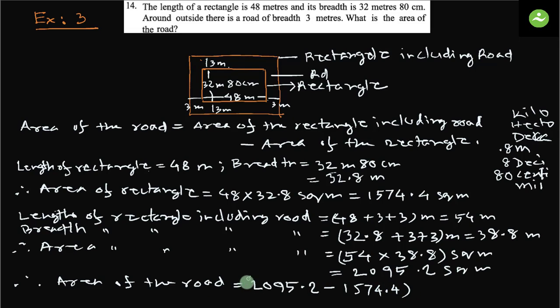The unit should be square meter. How much do we get? 520.8 square meters. And that is the answer.